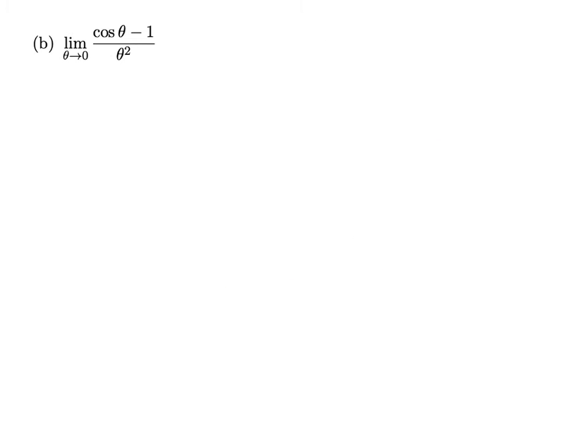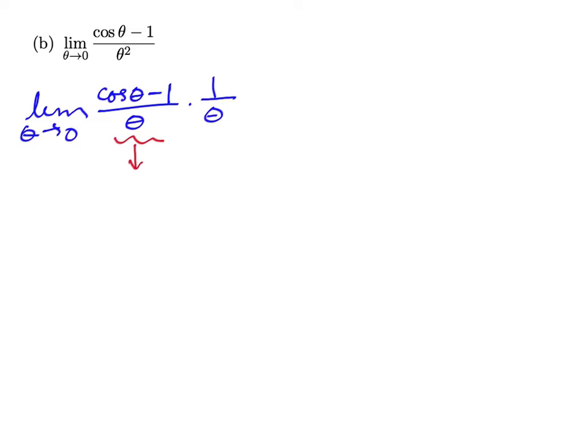to happen, because notice that if you try to write it as the limit as theta approaches 0 of cosine theta minus 1 over theta times 1 over theta, the problem with that is that, yes, this part is approaching 0, but that is approaching infinity.